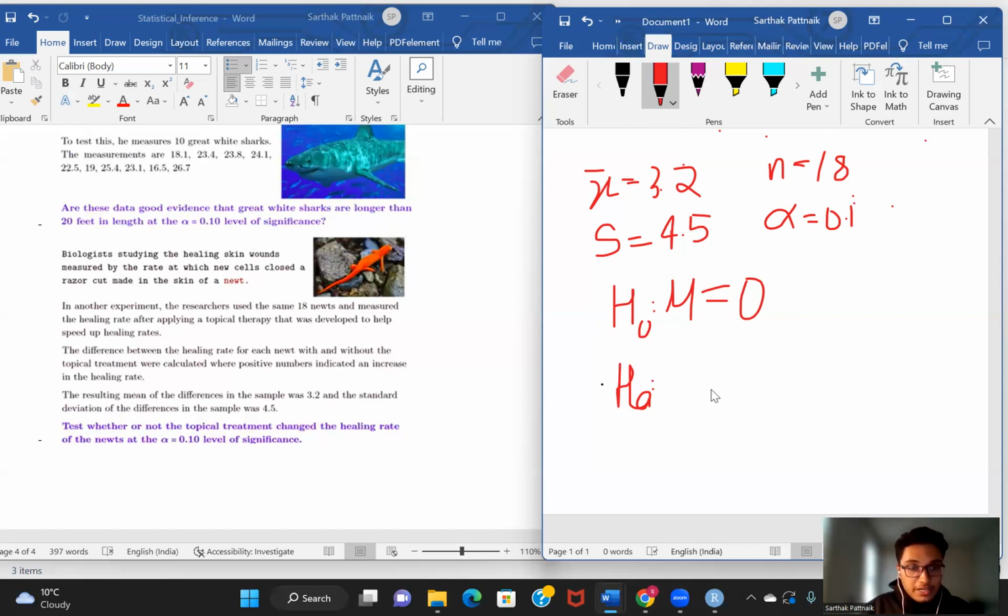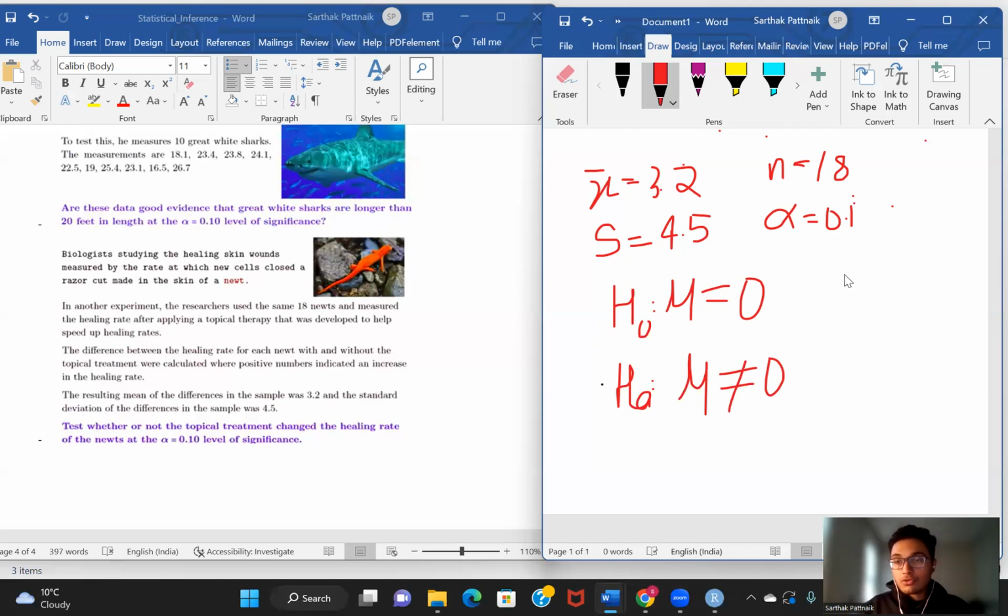And when it said the topical treatment changed the healing rate, it did not specify whether it should change positively or negatively. So we have to consider both the scenarios. So my alternative hypothesis is mu is not equal to 0. This is an example of a two-sided t-test.